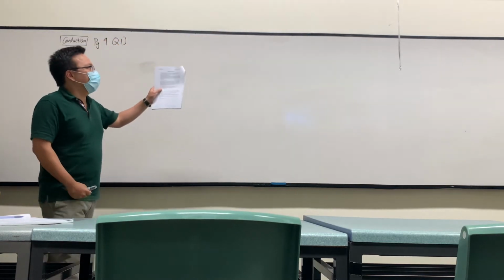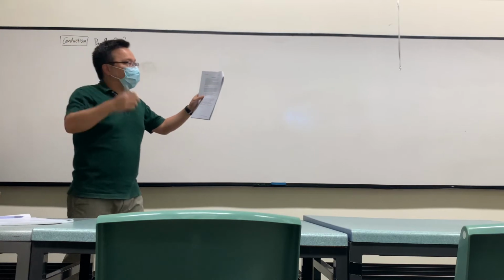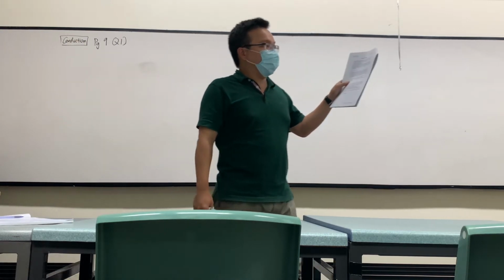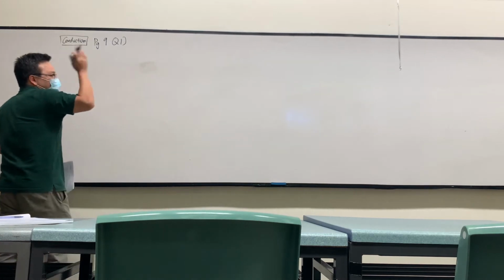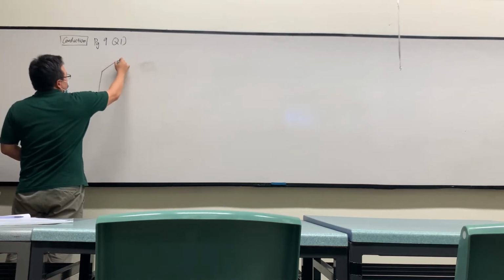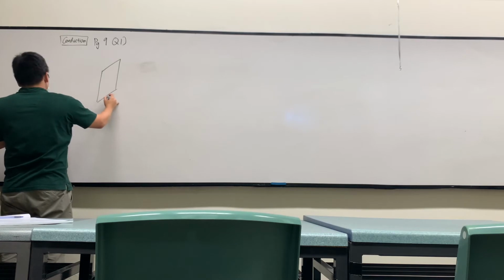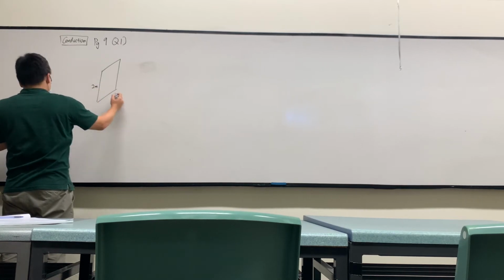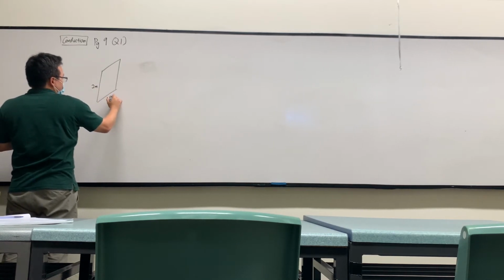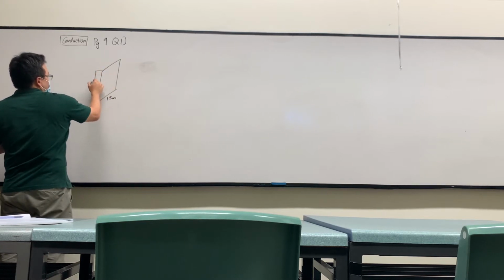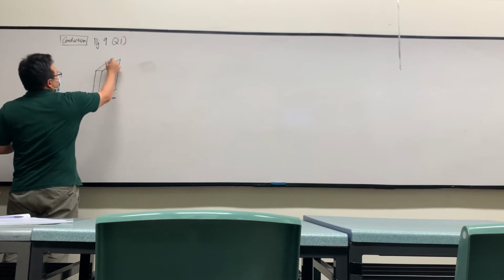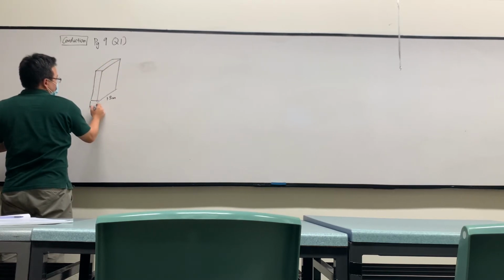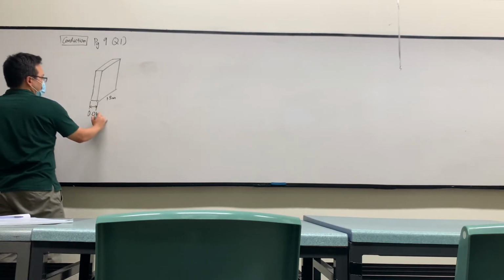Okay, so let's start. An air conditioned room has a window of 2 meter high and 1.5 meter wide. If you imagine it in 3D, this is your window. 2 meter high, 1.5 meter wide, and then there's a thickness of 10 mm, which I change to meter.